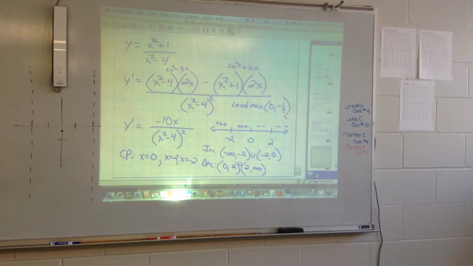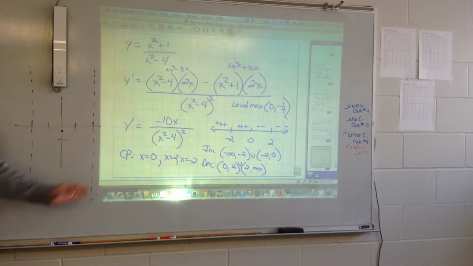You probably could draw the part between the two asymptotes right now, don't you think? From negative 2 to 0, it's increasing.